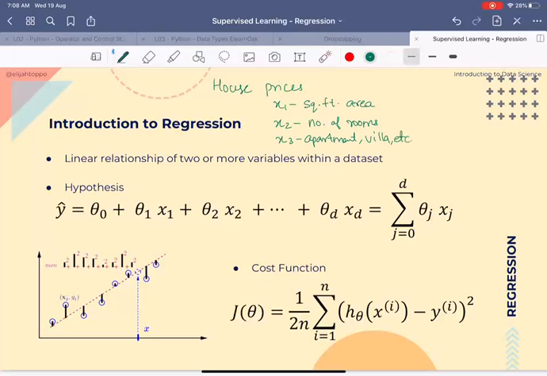So these features x1, x2, x3 multiply with certain other values like theta 1, theta 2, theta 3, that tell how much importance is the value of these features. And what they predict is the value y, which is the sale price.